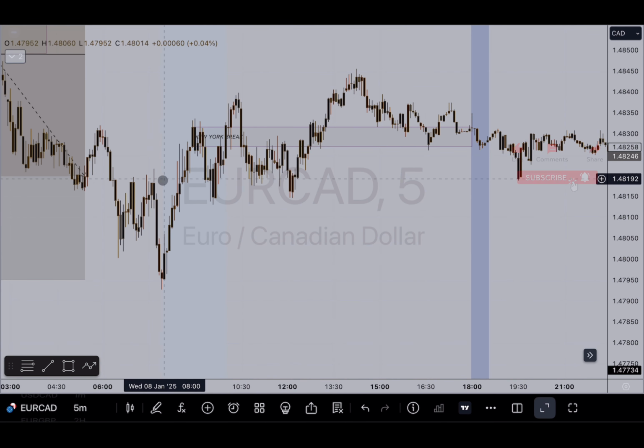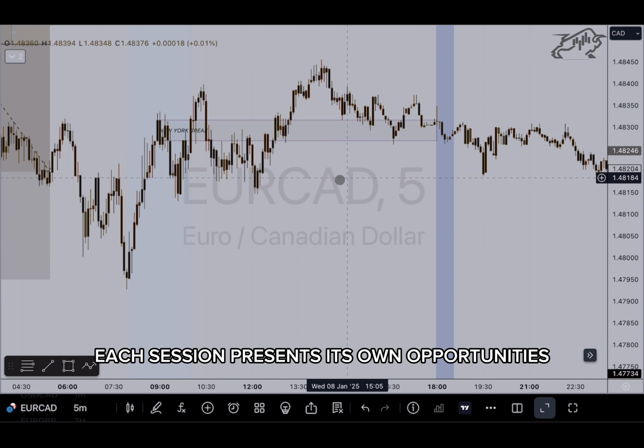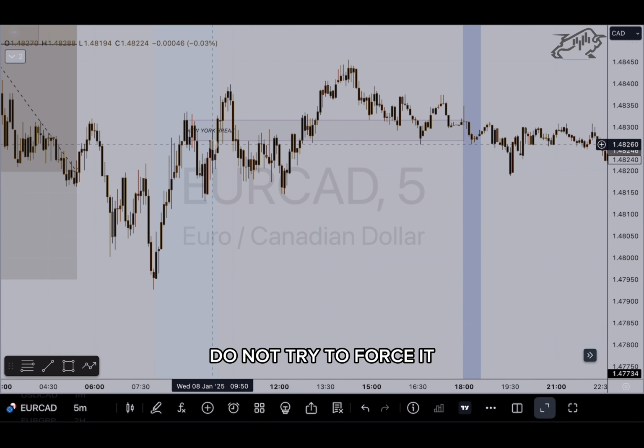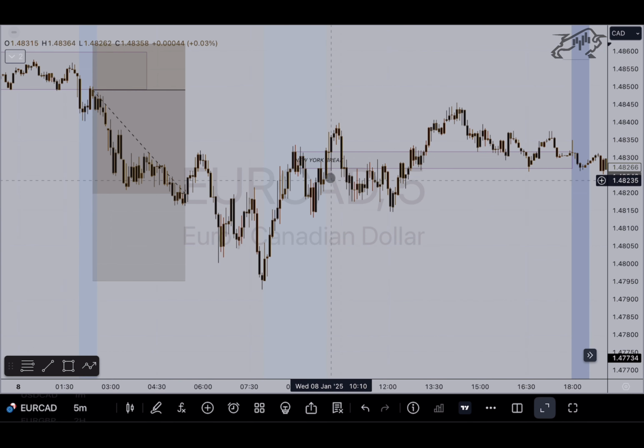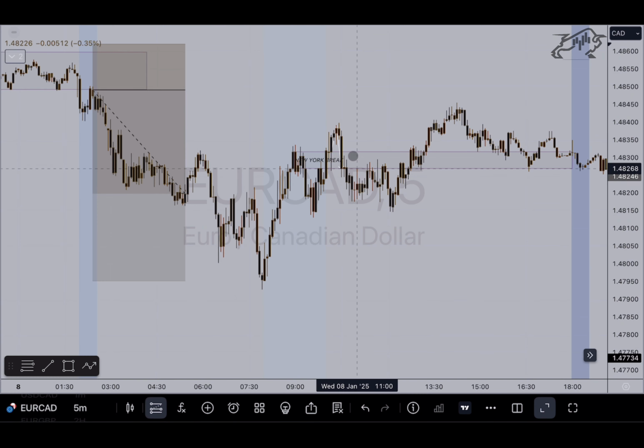Like many such opportunities, that is just one of them. And each session presents its own opportunity. You are not trying to force it, okay? This one we are getting stopped one time, so it's not a one touch level to the upside, okay?